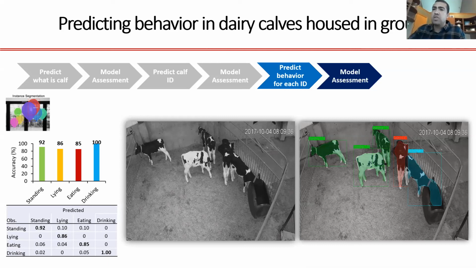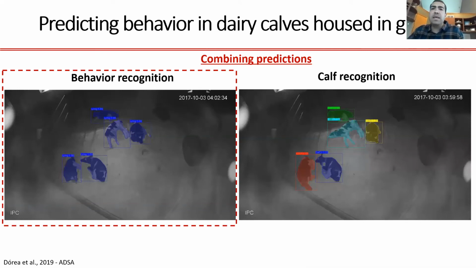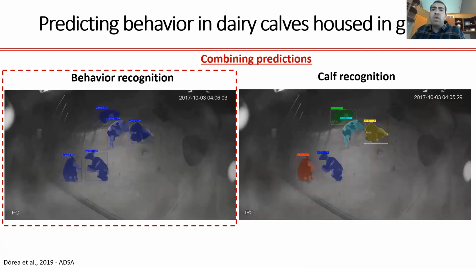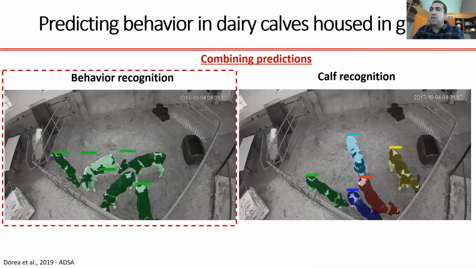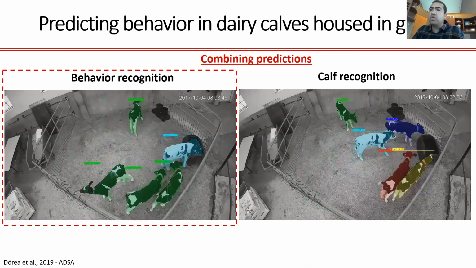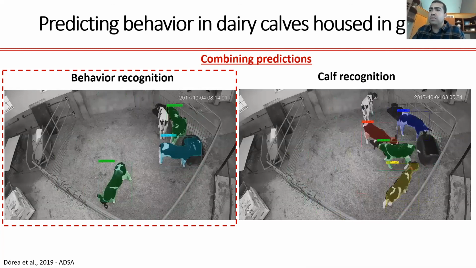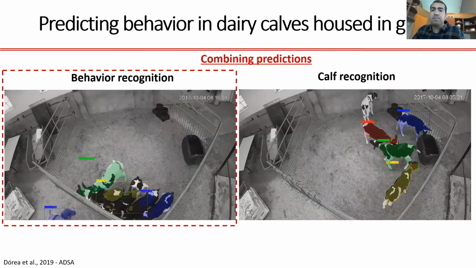Okay. So combining that behavior recognition and the identification, we can cross that information, and for each animal, we can have information about whether the animal is drinking or standing, and then we can control those animals very well. Okay.